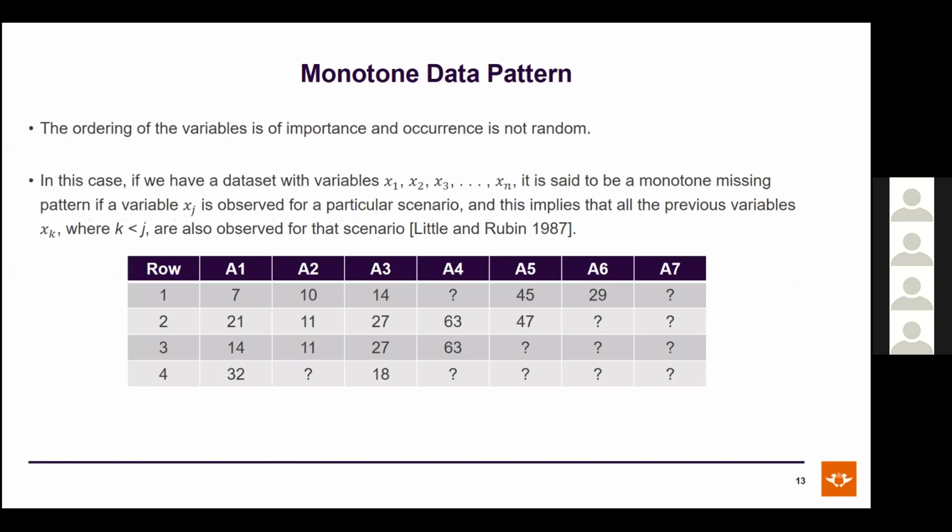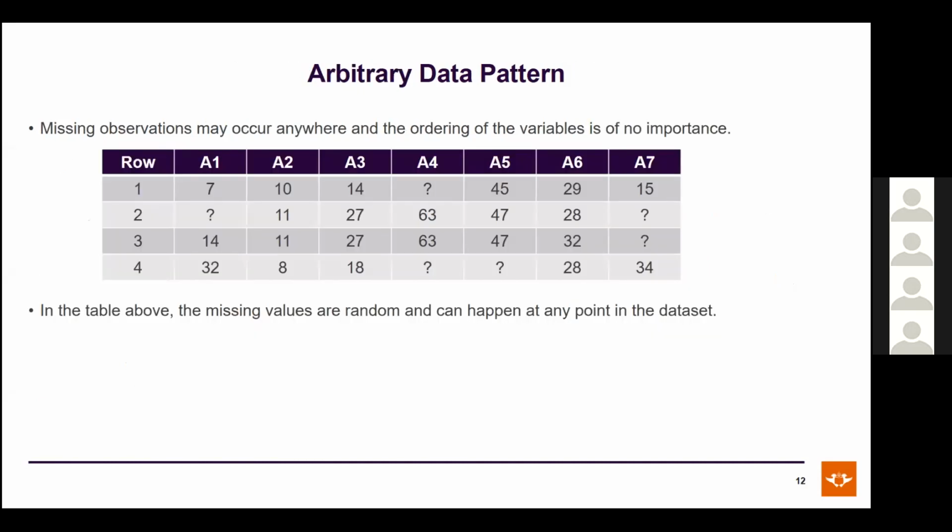So row 1, A4 is missing; row 2, A1 and A7 are missing. Pairwise says that instead of reducing the number of records, we're going to reduce the number of variables.